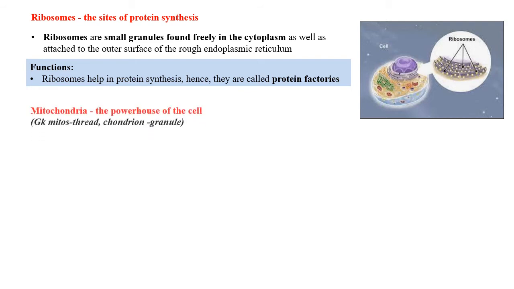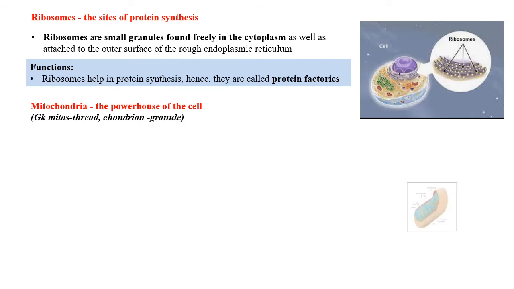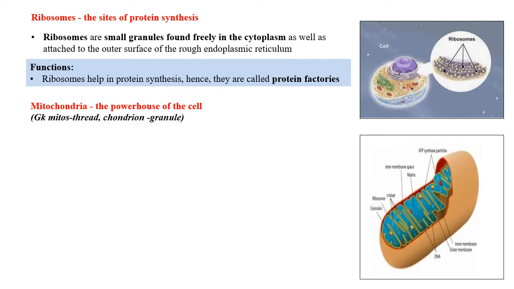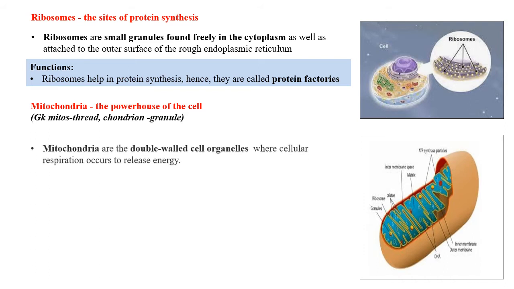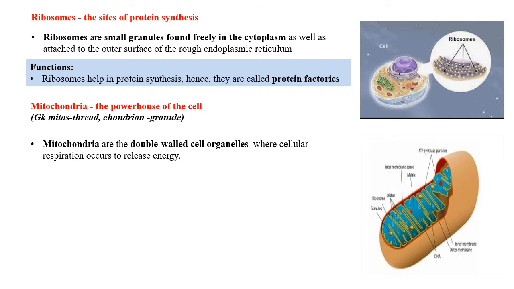Mitochondria, the powerhouse of the cell. Mitos means thread, chondrion means granule. Mitochondria are the double-walled cell organelles where cellular respiration occurs to release energy.